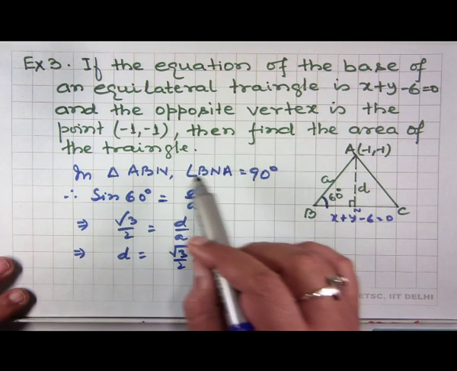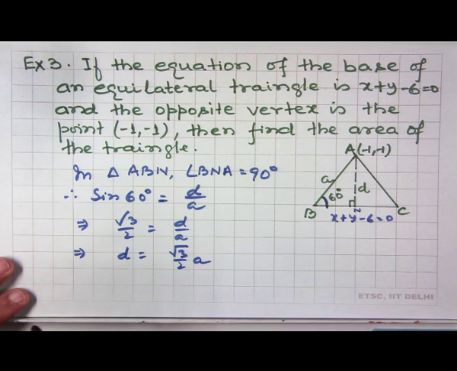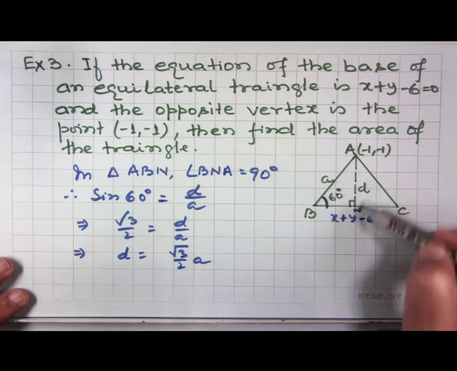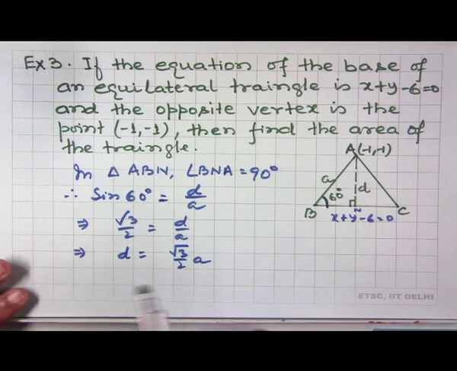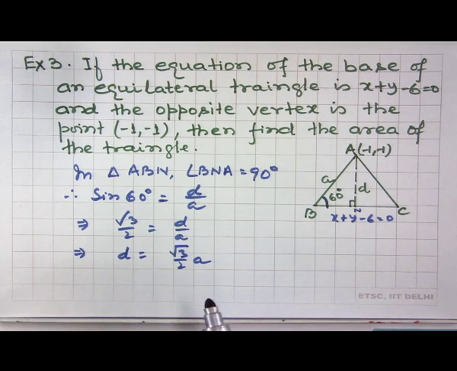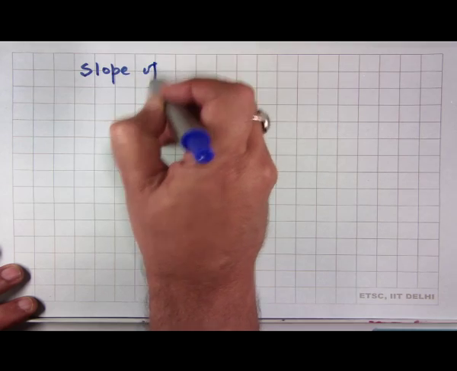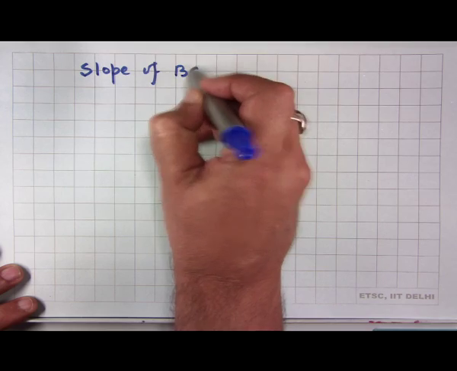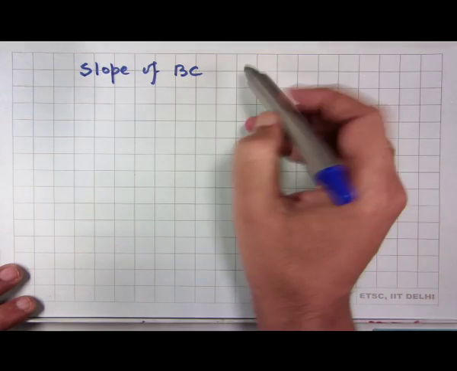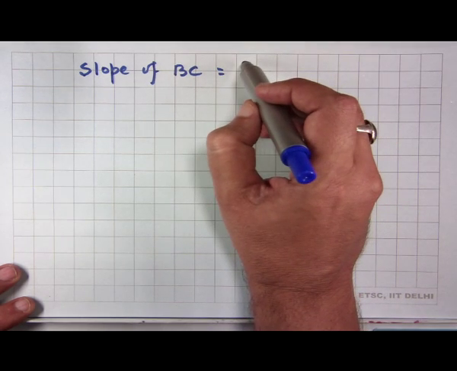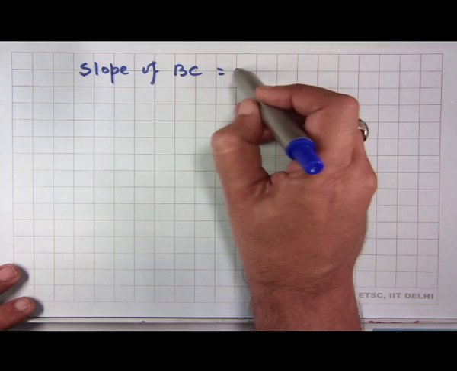We have to find the area of this triangle. So to find the area of this triangle, first find the equation of this AN. Slope of BC is equal to minus 1.